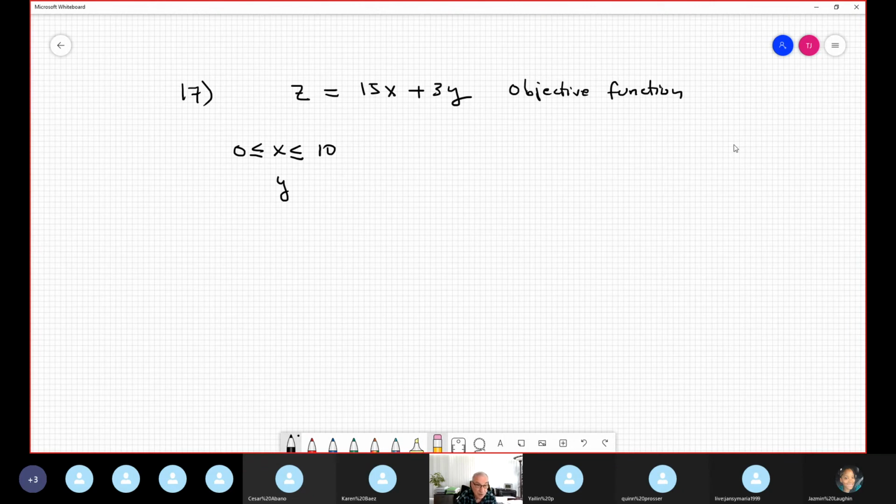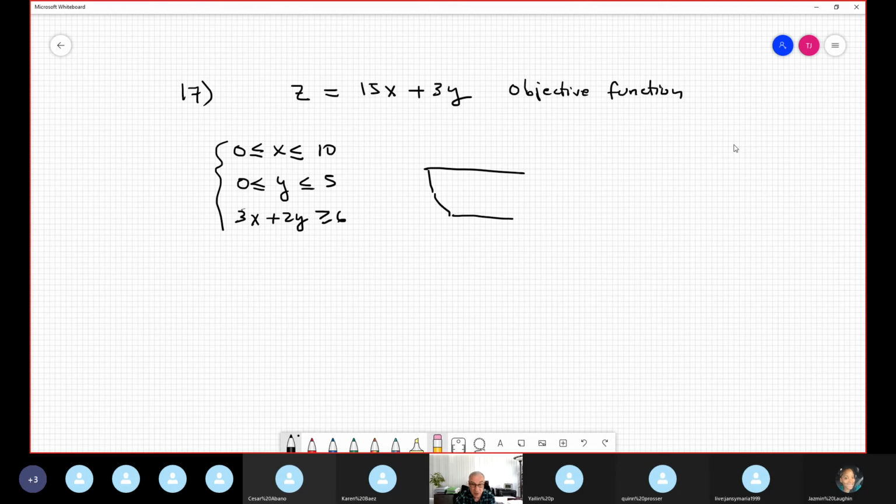The constraints look similar to a system of inequalities. We have 3x plus 2y greater than or equal to 6. So my first goal is solving the system in order to determine the region.